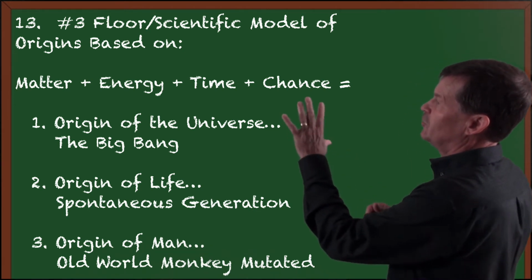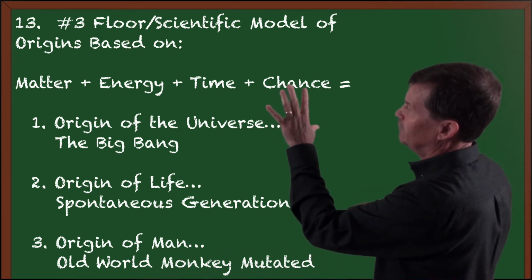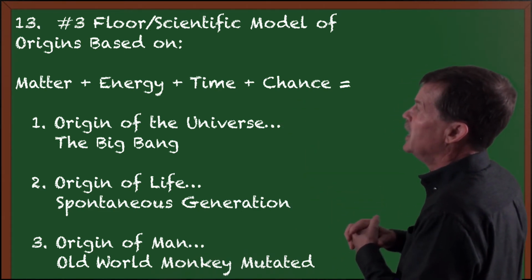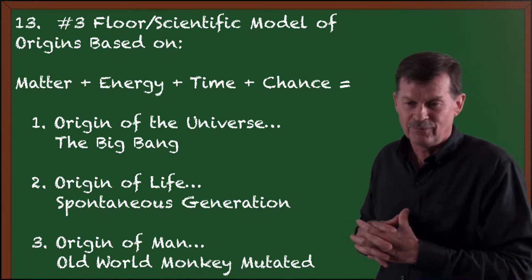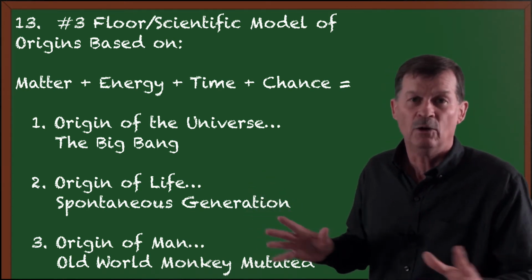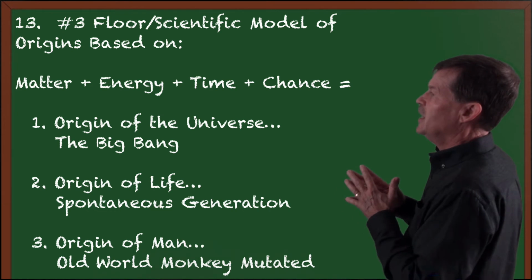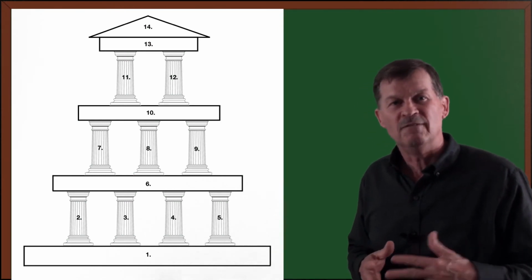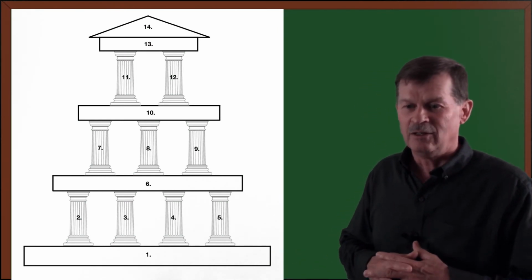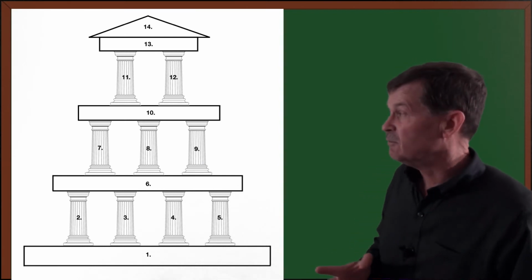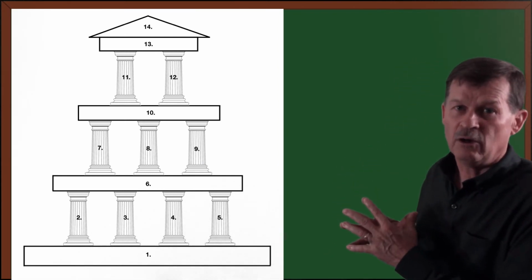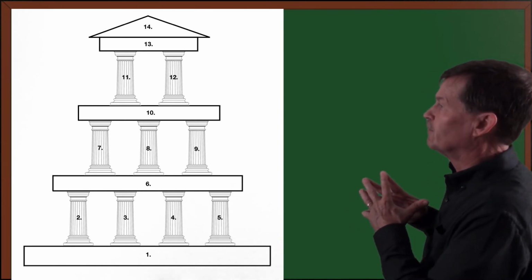So that is the third floor of the scientific model, point number 13. Number 14 is the roof. And in 14, we're done with the house. Fourteen is the conclusion based on this scientific model. That includes the conclusion, the values, the ethics, and our outlook on life. What if we are the owner of this house, what do we conclude?